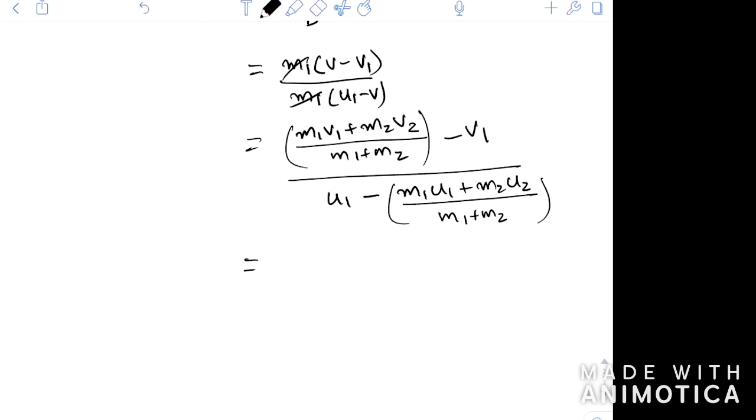So in the numerator you would have v2 minus v1, and in the denominator you would have u1 minus u2. So this is the coefficient of restitution.